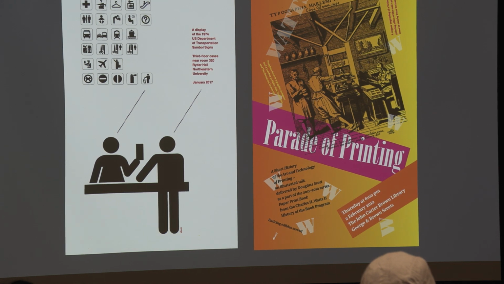Graphic designers measure success based on 3 semiotic principles: form, meaning, and use. Shown here are 2 posters I have done. The first is for an exhibit on the Department of Transportation symbols designed by Kopachanowski and implemented in 1974.